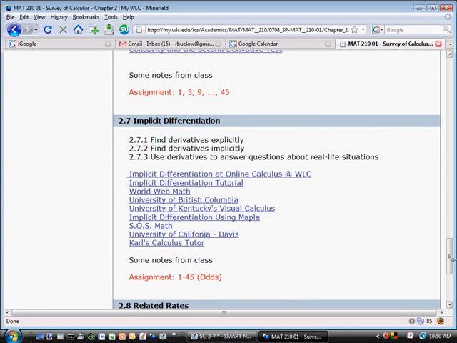It says 1 to 45 odds. Let's do every other odd. So do 1, skip 3, do 5, like we did the other day. Got it? 1, 5, 9, ... 45. Excuse me. Have a good one.